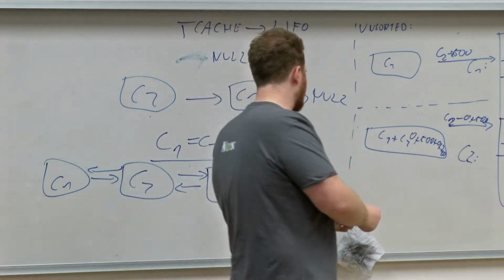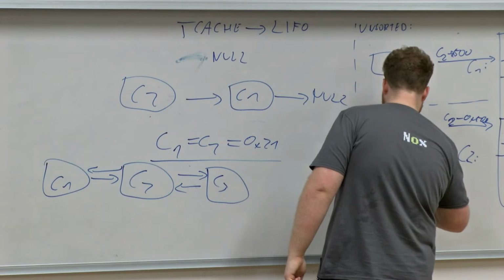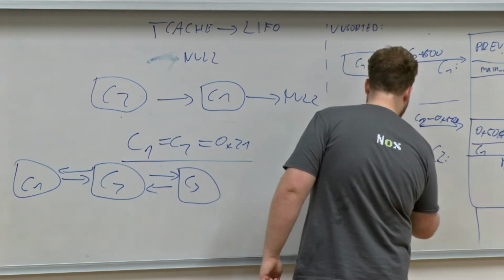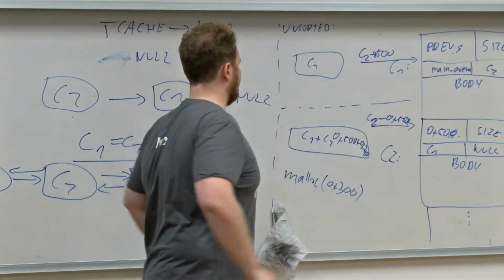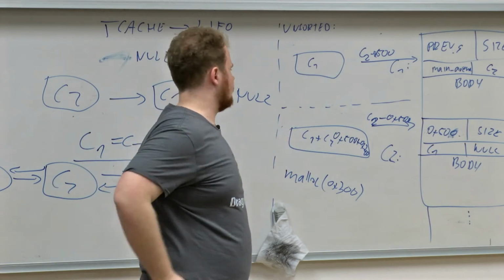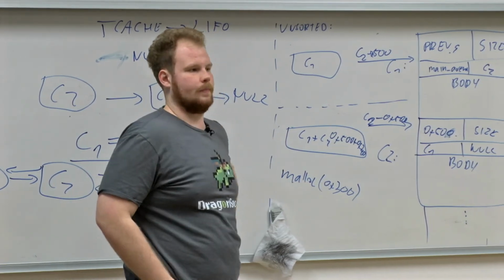So let's imagine that now malloc, I don't know, hex 300 is called. What do you think will happen? What would be the logical thing to happen here?